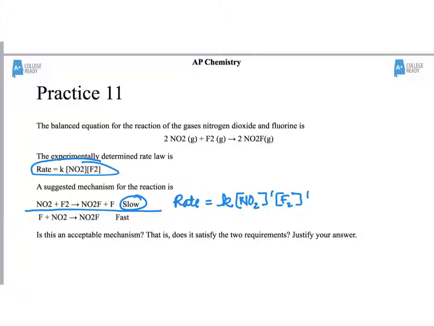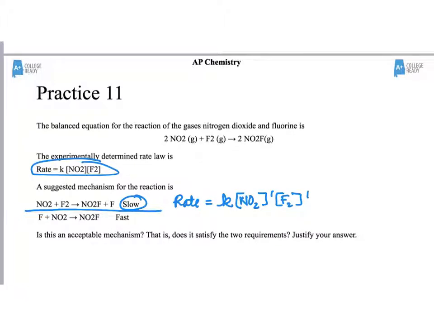And the answer is yes. Does it match the 2 requirements? Does it have the rate law? And does it dictate what it's supposed to dictate? Do the sum of the elementary steps equal the overall balanced equation?